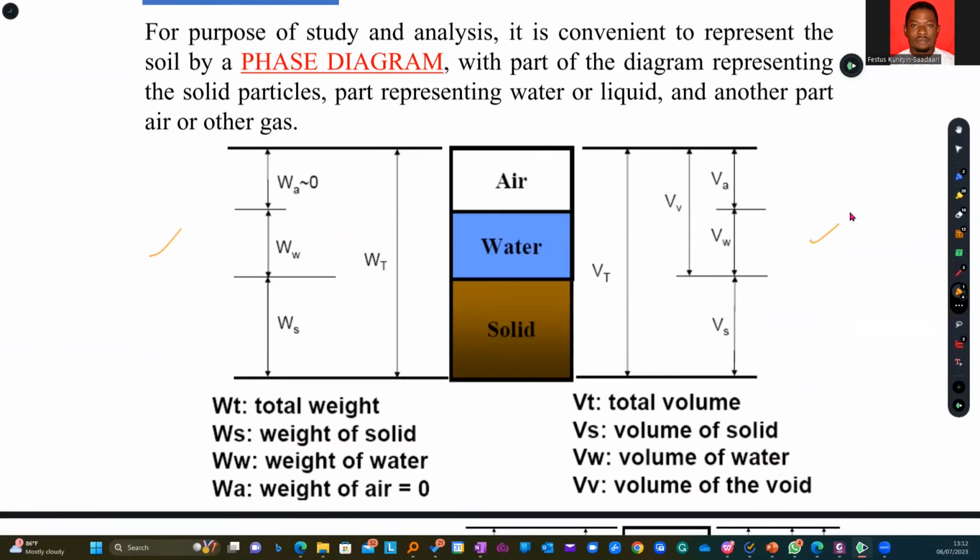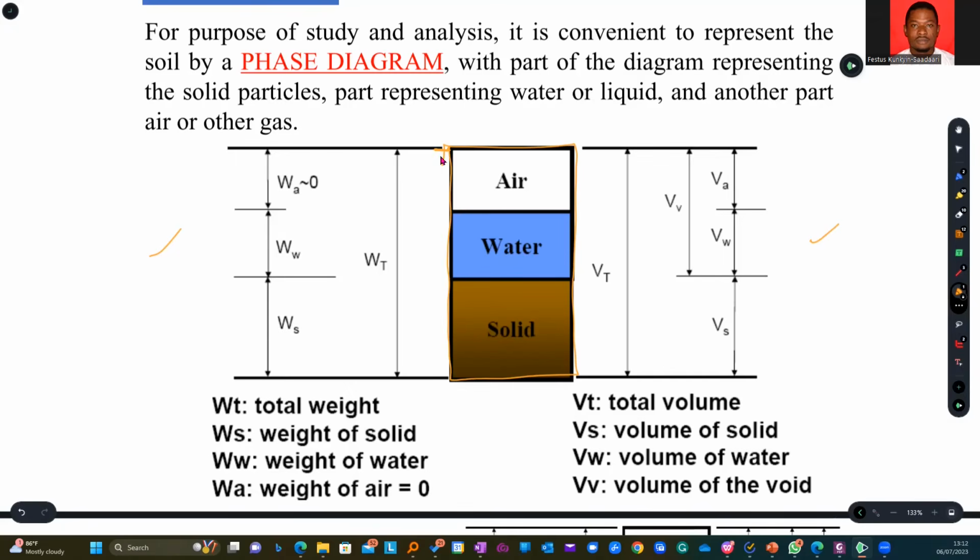So if I have any given sample, and assuming it is possible to separate the water, the solids, and the empty spaces, you are able to arrange them neatly such that you have them distinct like this.